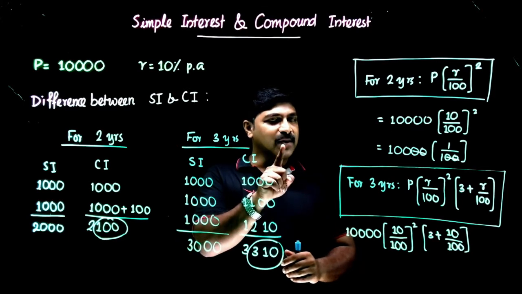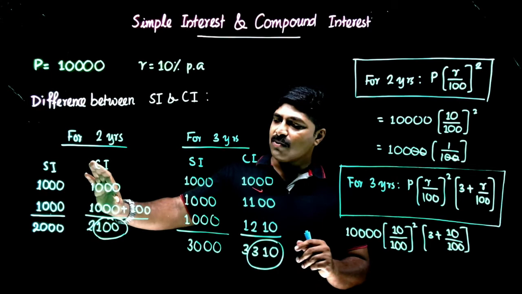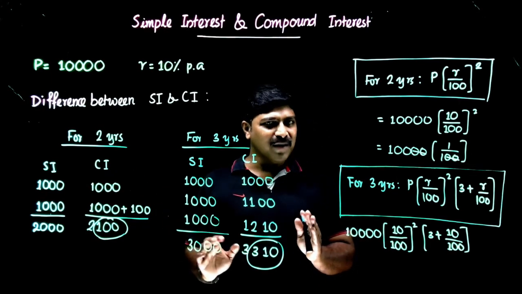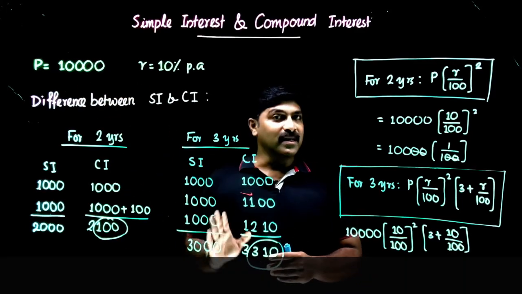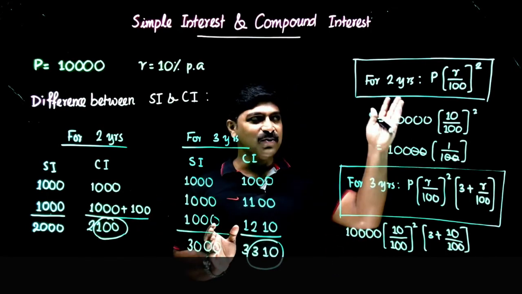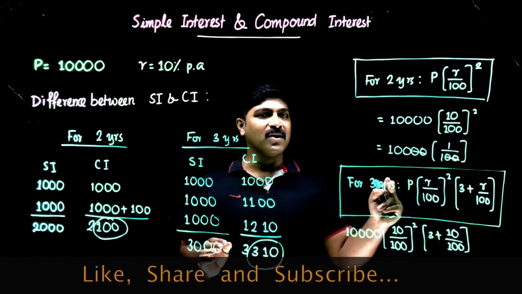At the same time, keep in mind that you can catch the answer this way also. It's also an easy approach. But if the values are not at all friendly and it becomes complicated, then it will take too much time. Then you have to remember these two results for 2 years and for 3 years.